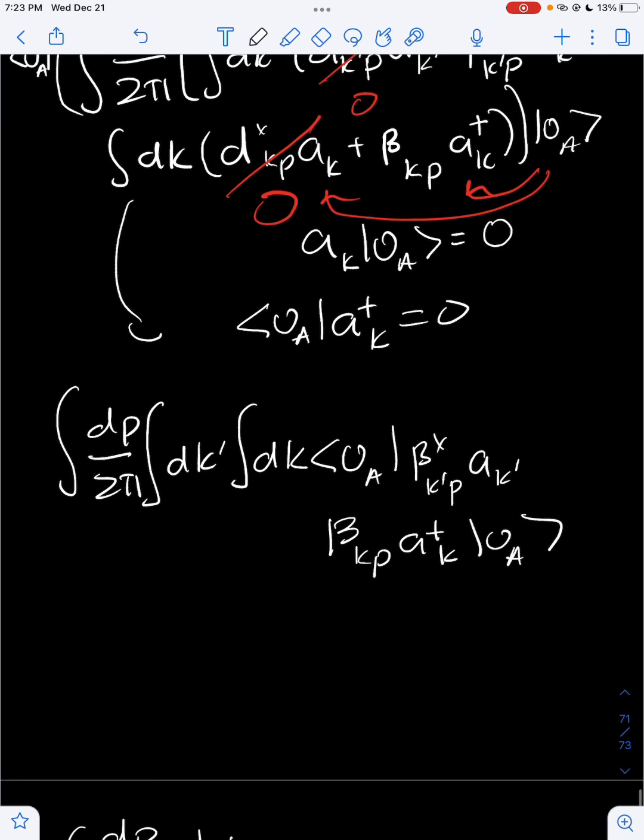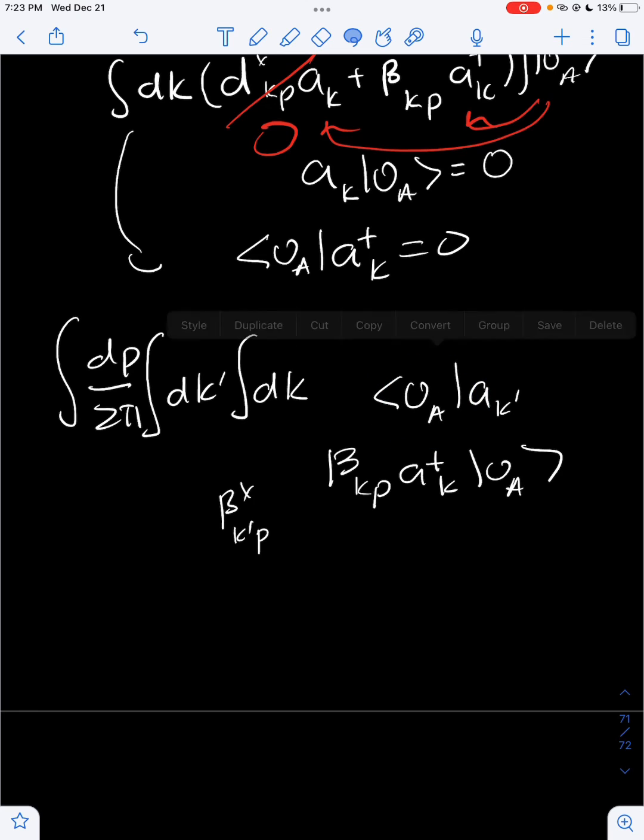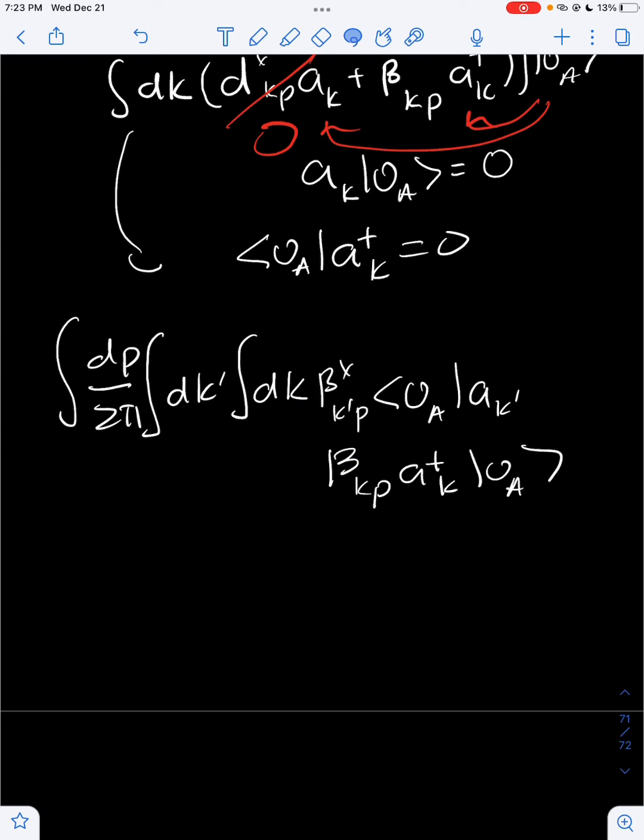So what we can do now is move the coefficients outside of the product since they're just scalars. And we can note that this is going to give us one particle with mode k prime, and this gives us one particle with mode k.